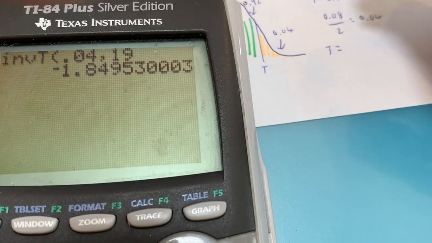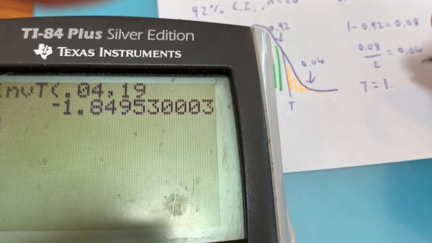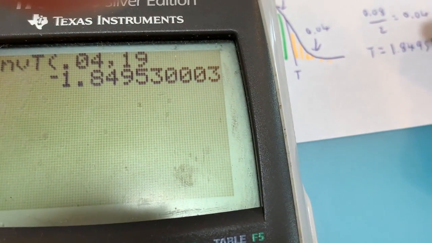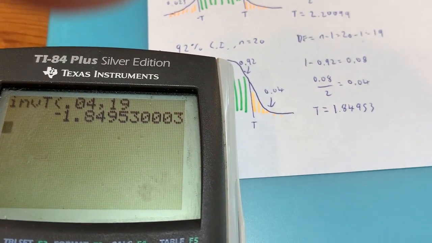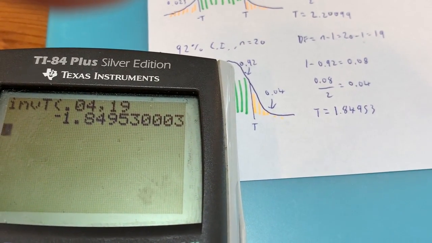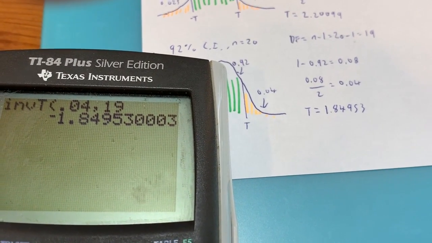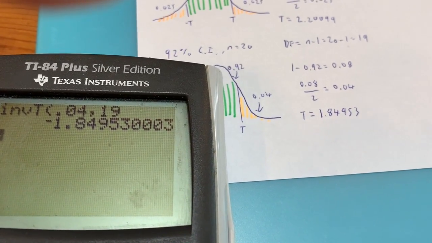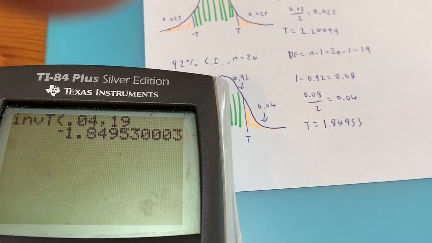The t-score to use, again dropping the negative, is 1.84953. So again, in the formula, which I haven't yet shown you, for the confidence interval for a mean, you're going to use the t-score of that number we just found. And again, if our sample size for this problem happened to have been a different number, something other than 20, that t-score would have been a different number, so these are not worth memorizing.